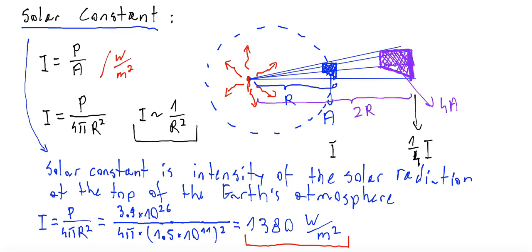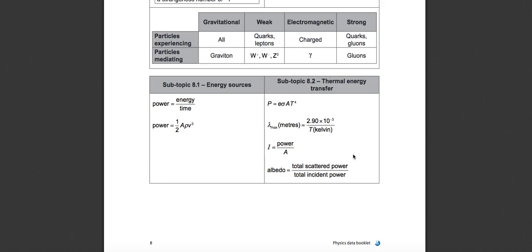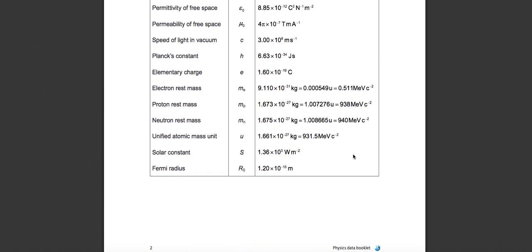Let's look. Your typical electric kettle has a power of 2 kilowatts. So 1 square meter is almost enough to power 1 electric kettle, which is, in general, an energy consuming device. Okay, so stop the video, copy this. This is the solar constant. You must know what the solar constant is and how to calculate it, but fortunately, it is given in your data booklet, in the constants.